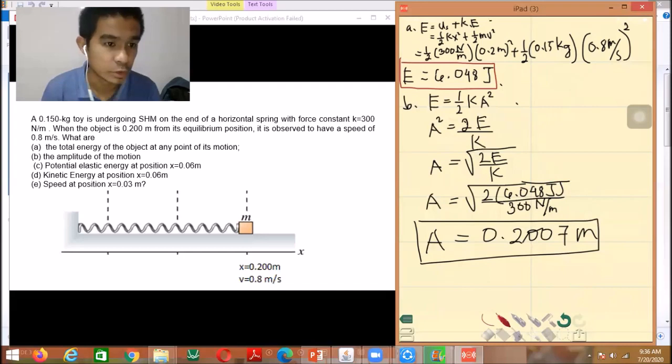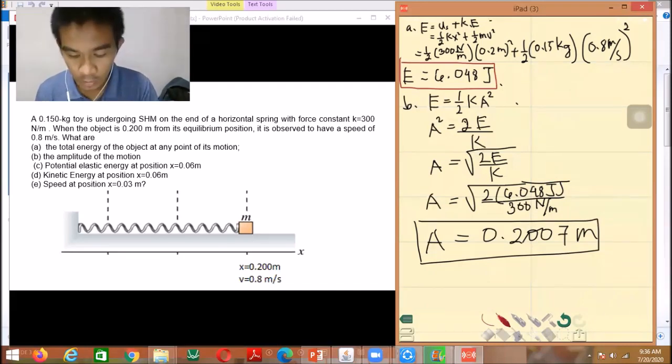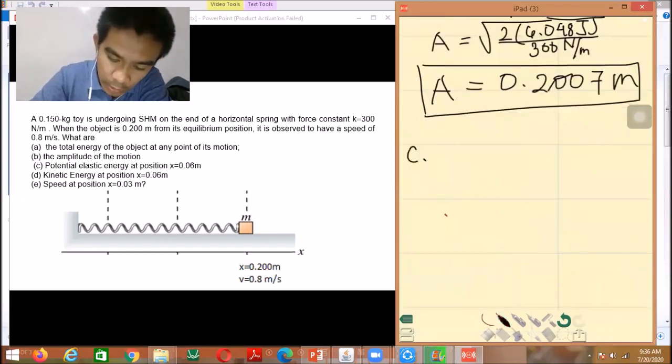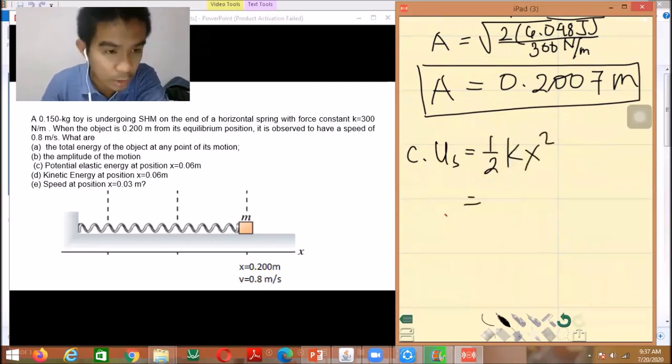So let's proceed to the elastic potential energy when it is at position 0.06. Elastic potential energy, Us, is 1/2 kx squared. We know the spring constant, and what is asked is the elastic potential energy at position x equals 0.06.